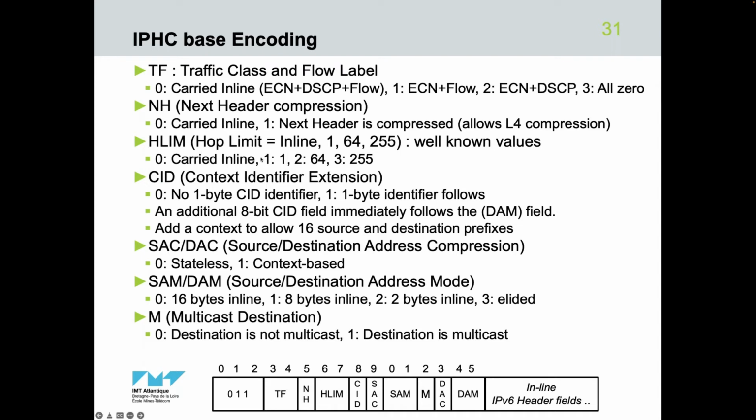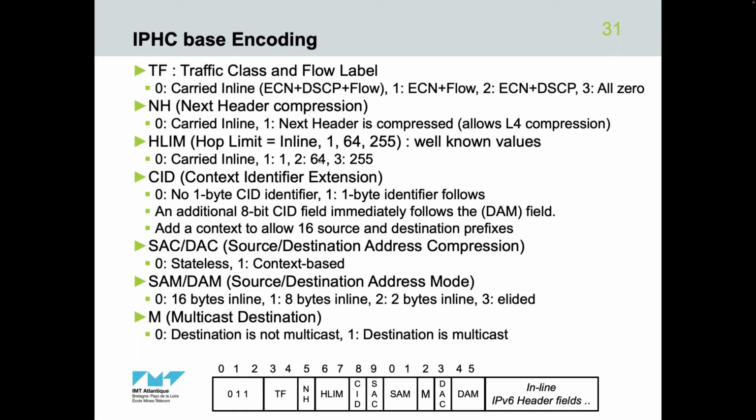If the bits are equal to 01, then the receiver will understand that the hop limit is equal to 1. If it is 10, the receiver will decode and understand that the hop limit equals 64, and respectively we have the final value, which is equal to 255.